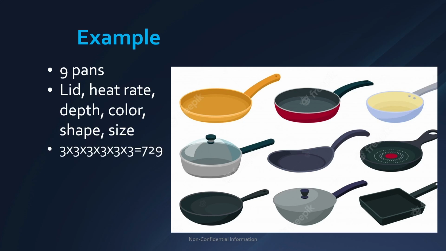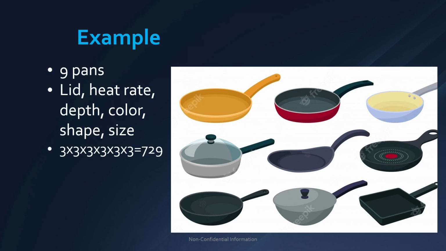So the next thing is we try to figure out how much detail is needed. So just looking at these examples, I could basically say, well, there's 3 different lids. There's the metal lid, the glass lid, and the no lid. There's maybe 3 different heat rates. There's 3 different depths. There's 3 different colors, 3 different shapes, 3 different sizes. These are very, very approximate figures.